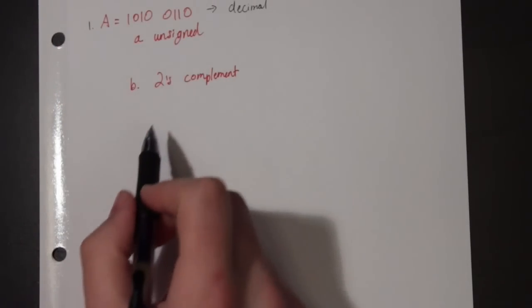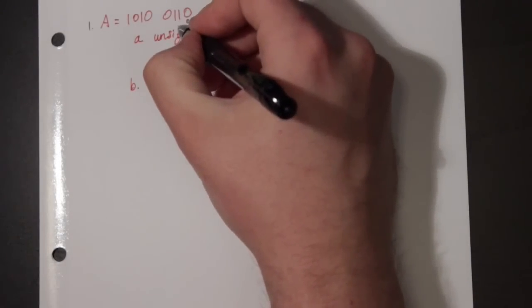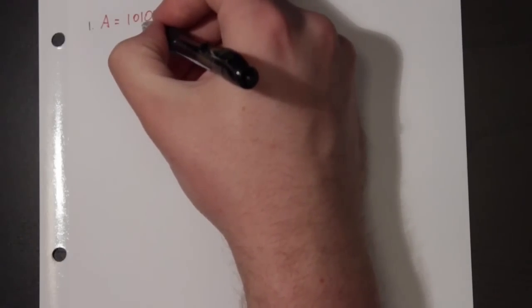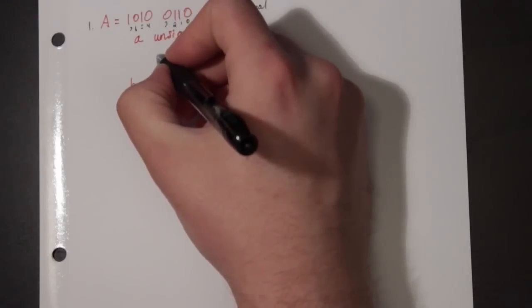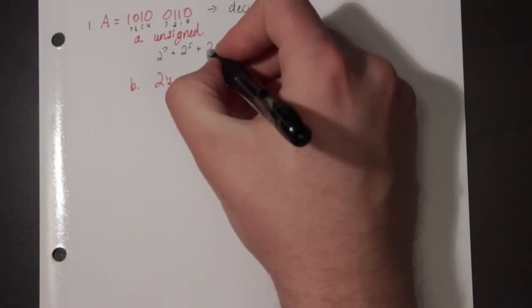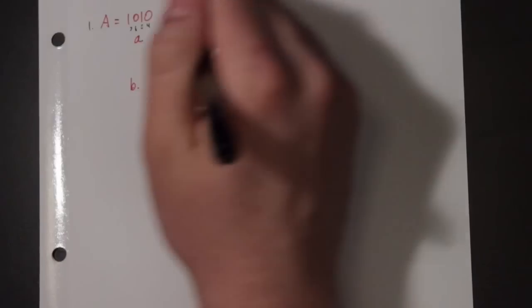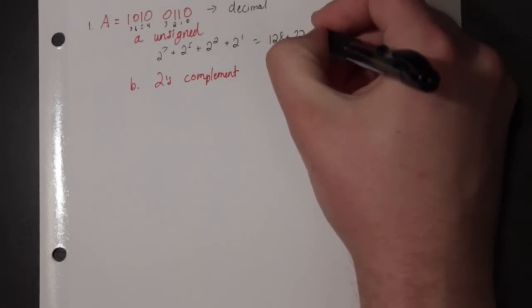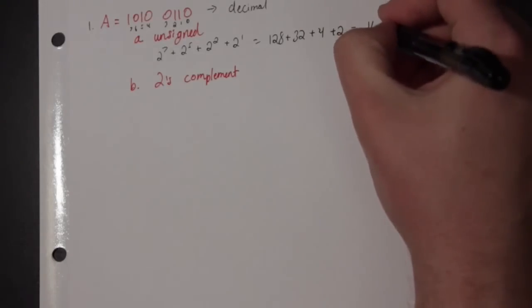Converting this as an unsigned number is extremely simple. We just have to keep in mind that this is the 2 to the 0's place, the 2 to the 1's place, then the 2 to the 2's, 3's, 4's, 5's, 6, and 7. So our value is 2 to the 7th plus 2 to the 5th plus 2 squared plus 2 to the 1st, which is 128 plus 32 plus 4 plus 2, which equals 166.